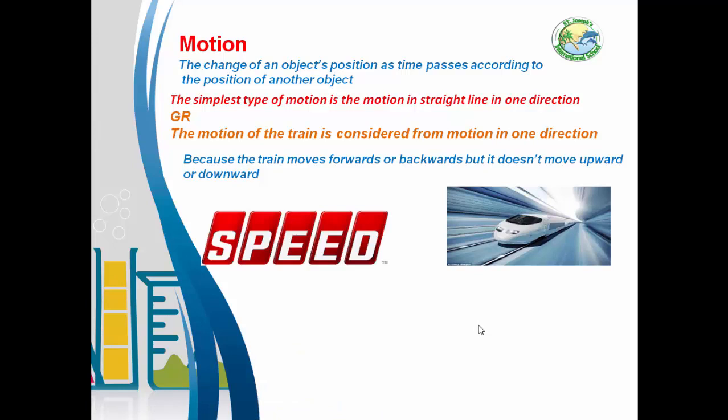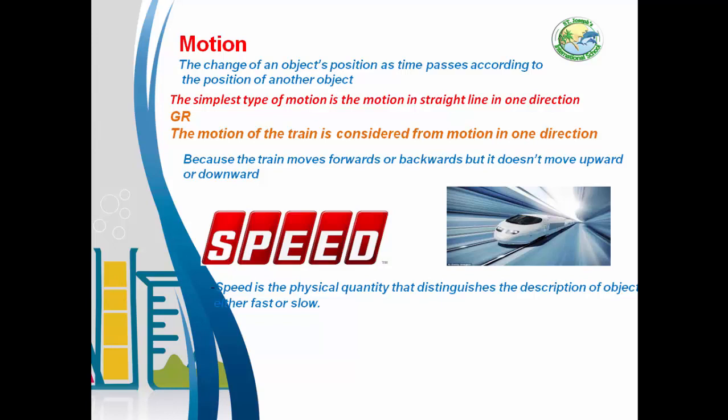We can describe the motion of some objects around us as fast or slow. So we can say that speed is the physical quantity that distinguishes the description of objects, either fast or slow.